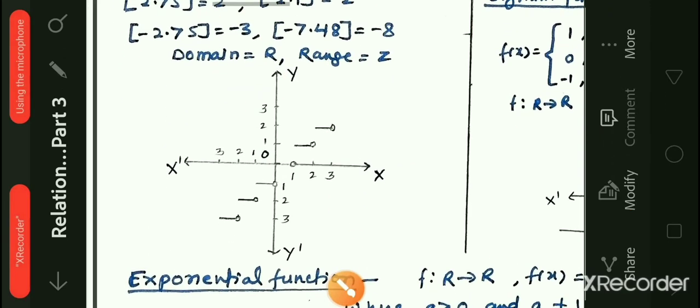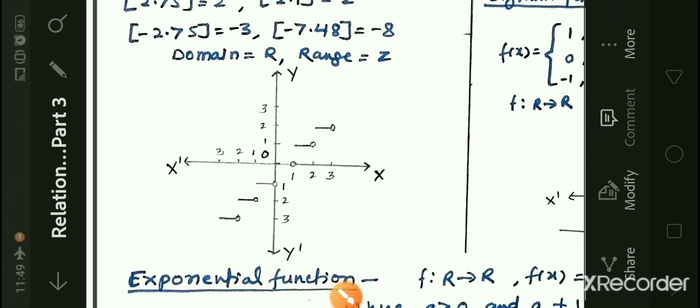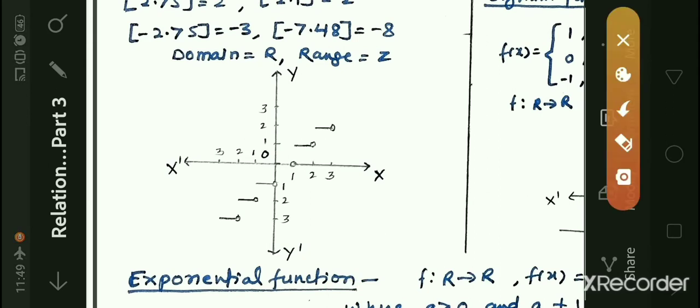Okay, now plot the graph. In the graph you can see the x-axis and y-axis. The graph is splitting at integer points because there is a jump at integral points.